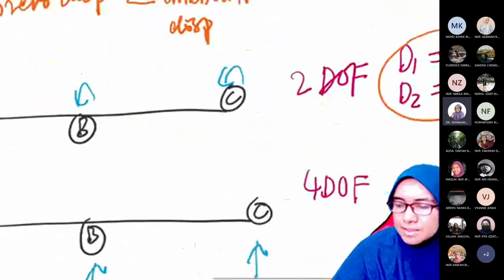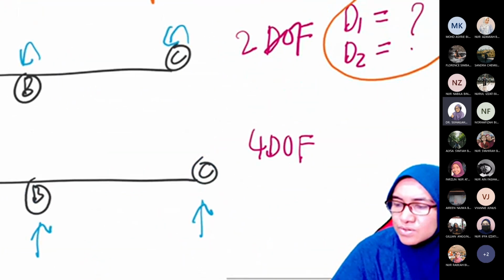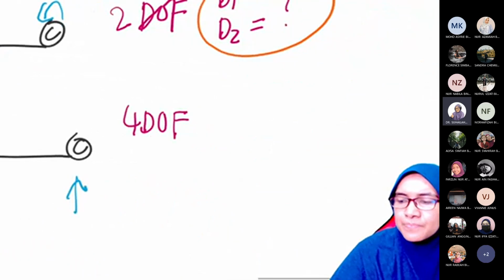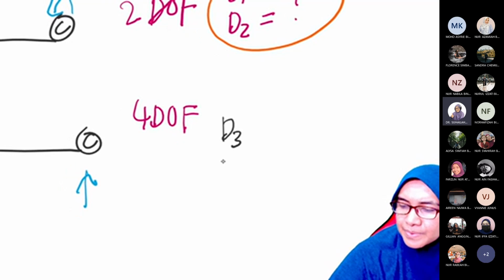They are in the constrained part. So 1 and 2 are in the unconstrained, so the remaining 4 are D3, D4, D5, D6. All of these are 0.